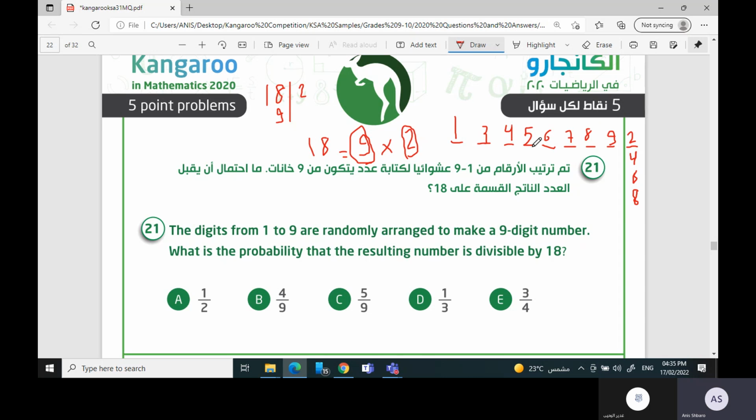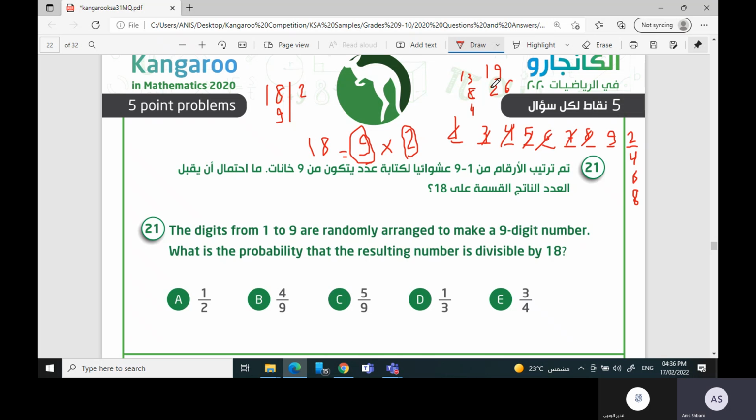So let's add them. 1 plus 3 is equal to 4. Plus 4 is equal to 8. Plus 5 is equal to 13. Plus 6 is equal to 19. Plus 7 is equal to 26.